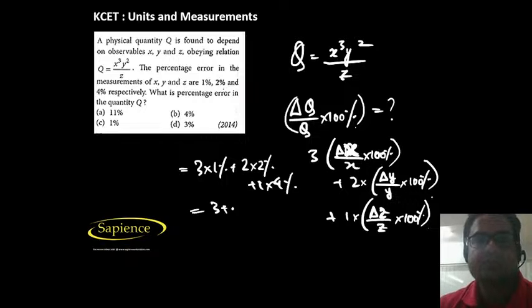That will be 3 plus 4 plus 4, which is equal to 11%. So option A is the correct answer.